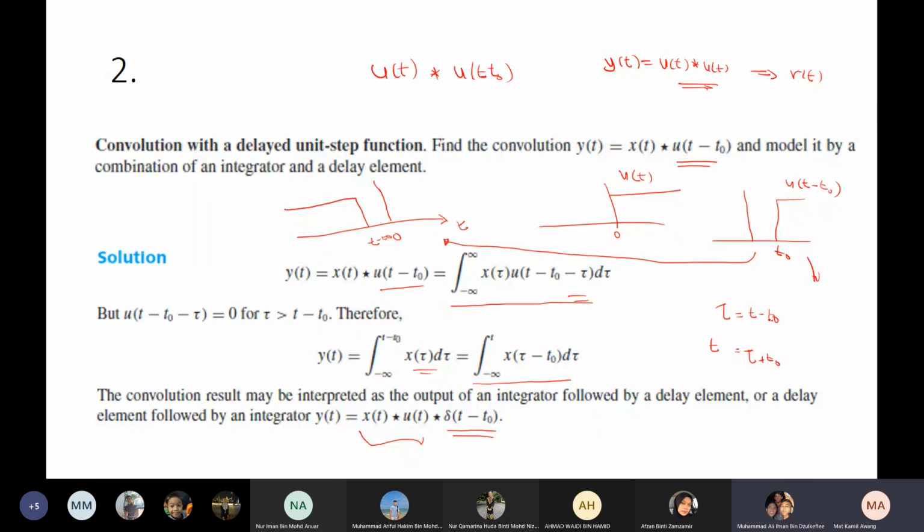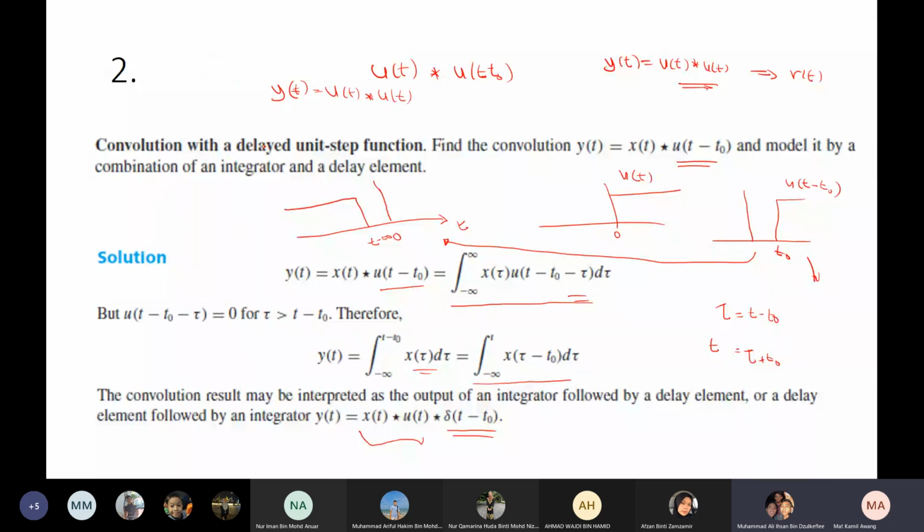Remember the one that we did previously? Shifter y(t) is equal to u(t) convolve with u(t).